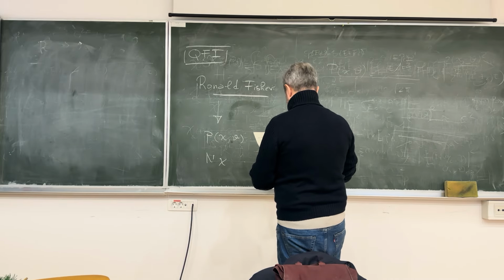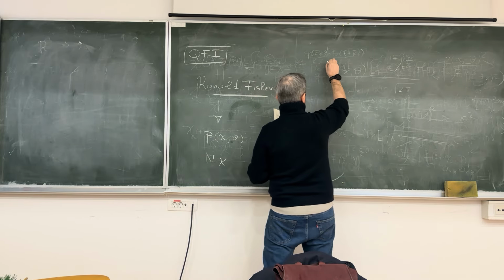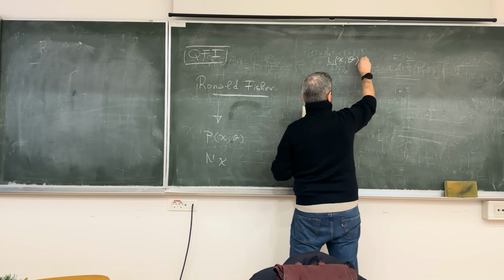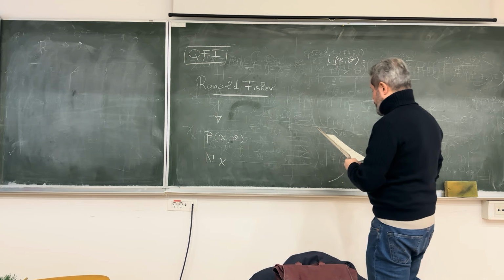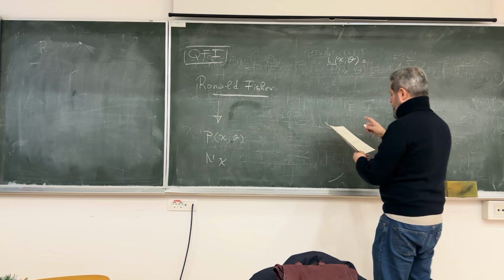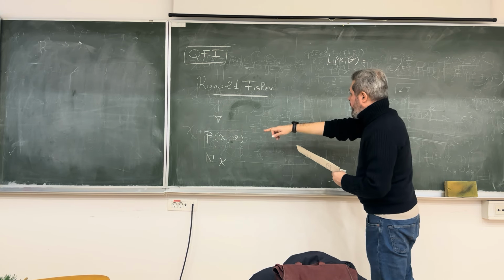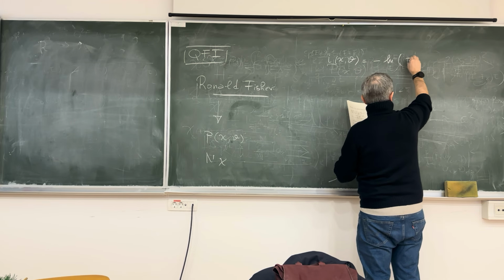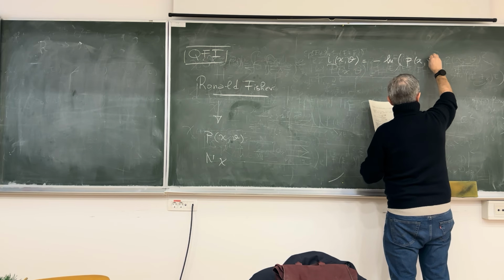So, you know that the information associated to the outcome x and to the probability distribution P of x and theta is minus the log of P of x and theta.